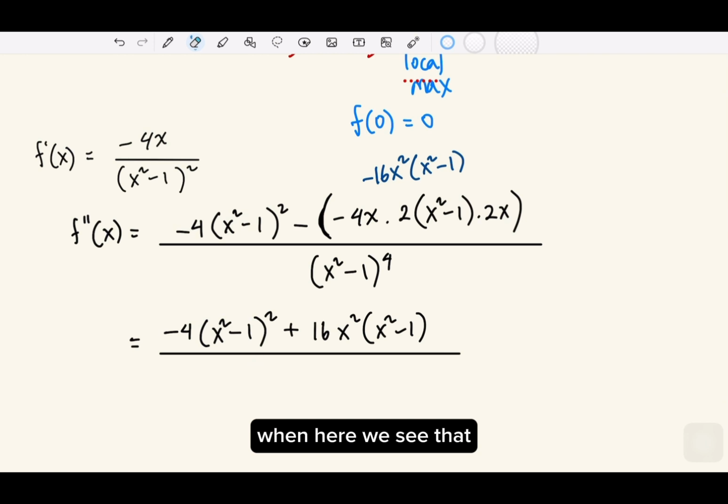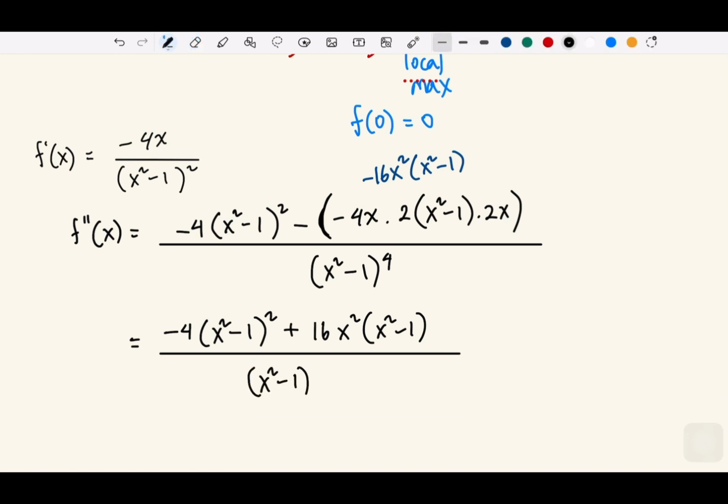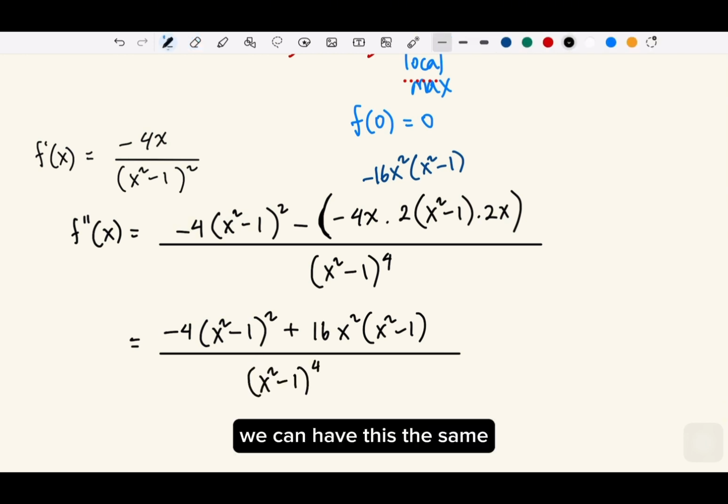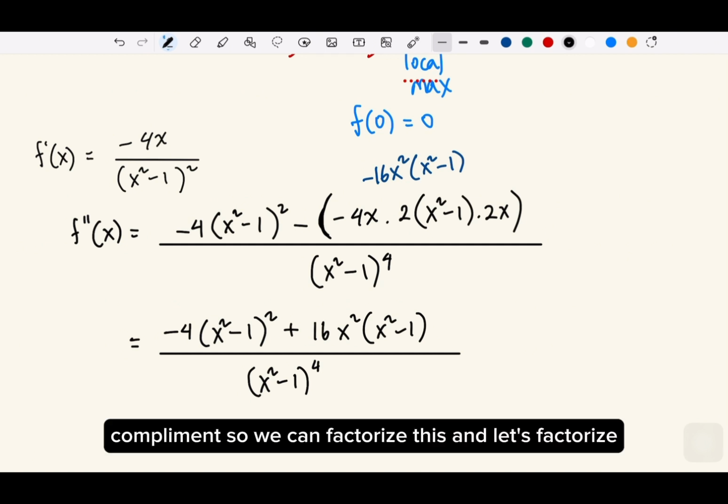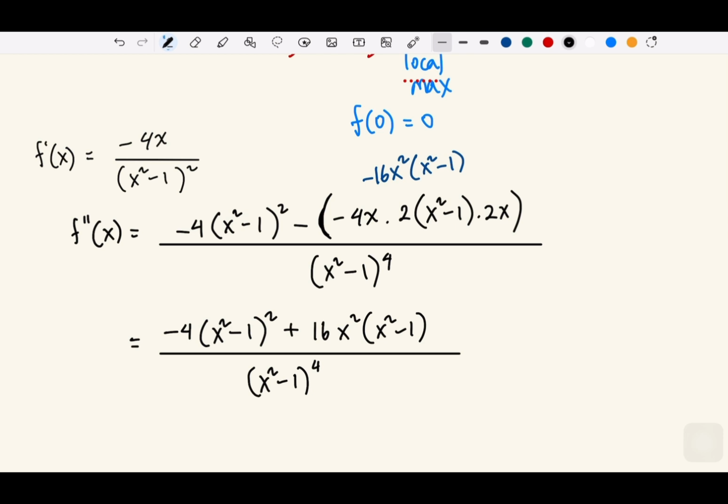But here we see that we can have the same components, right? So we can factorize this. Okay, and let's factorize it. So we can factorize x squared minus 1.